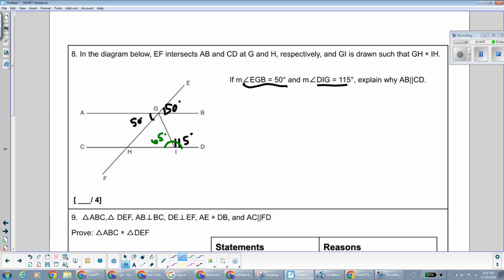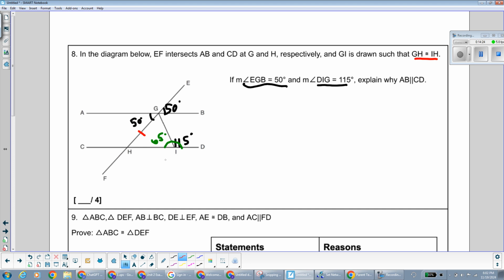Okay, I missed a given. All givens are there for a reason. I needed this 50 because that's vertical to it. They gave me this 115 because I can find the angle that's supplementary with it. They gave us this given for a reason too. It wasn't there just by accident.